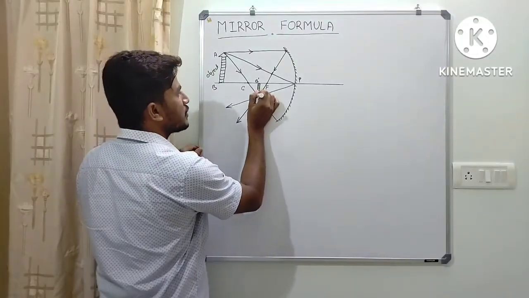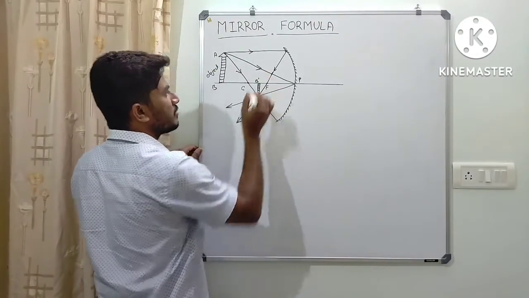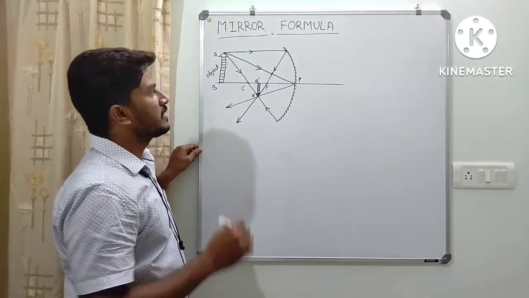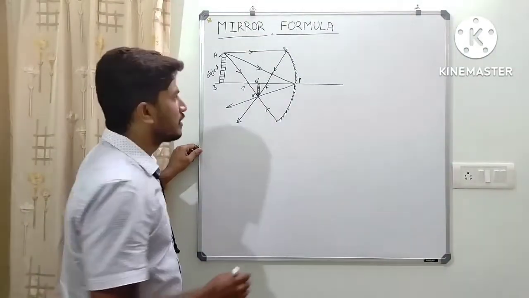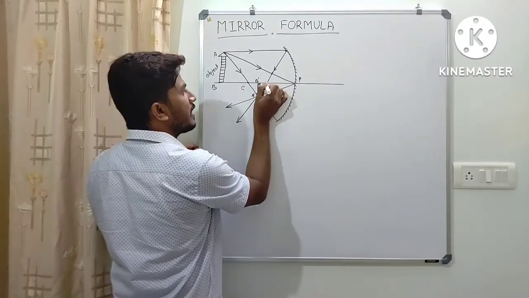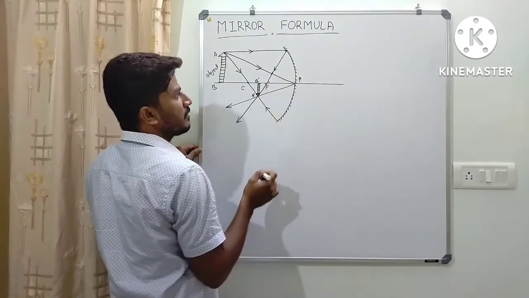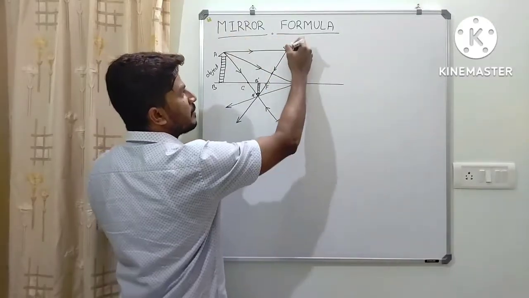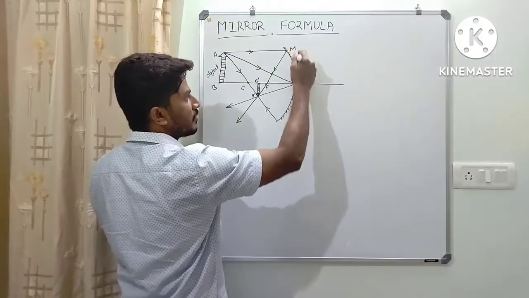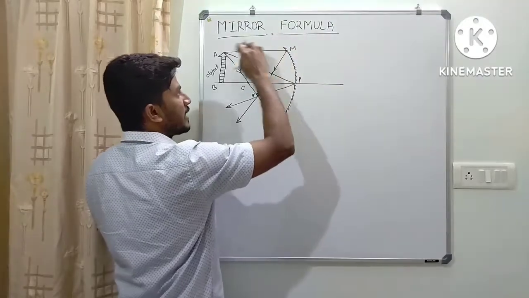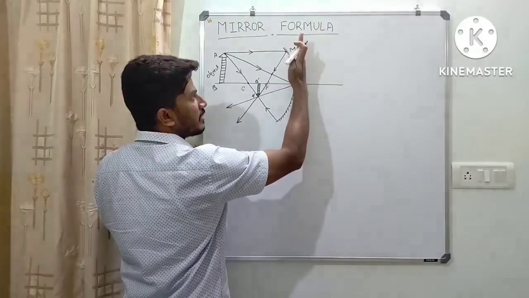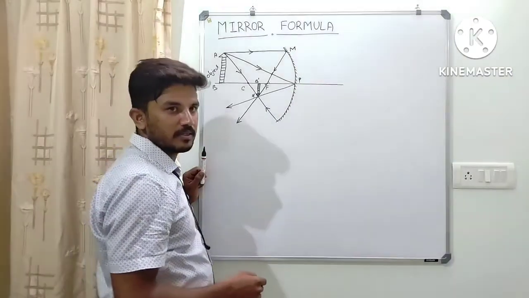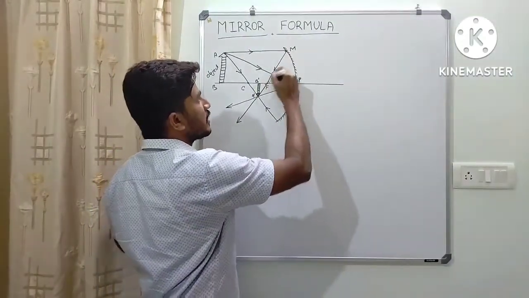So the image is formed here. A dash B dash is the image. Now, if I consider the triangles, this angle is equal to this angle. If this light ray is a paraxial light ray, let me consider this MP. For a paraxial light ray, MP is a straight line. It will be like this. Let me consider this is also one triangle.